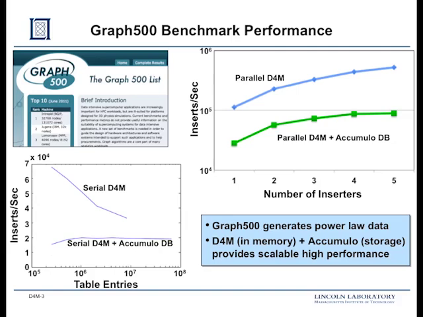This is some older performance numbers, but this shows, on a single core of computing capability, the number of entries that we're inserting into a table and the inserts per second that we're getting.